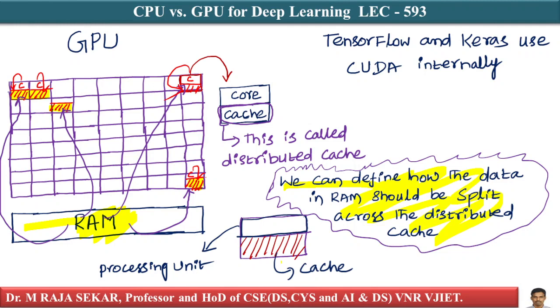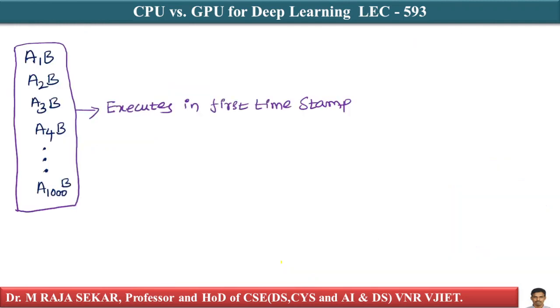I have different cores in the GPU; there are n number of cores. Each core can operate on the data corresponding to its cache. Just try to understand this particular diagram. A GPU has thousands of cores, whereas if you recall, in the case of a CPU you have only 4 cores.